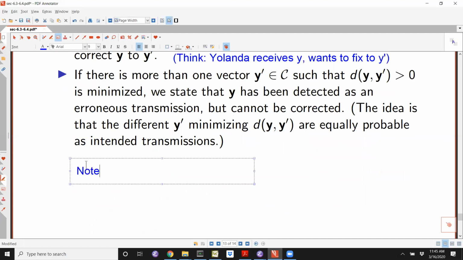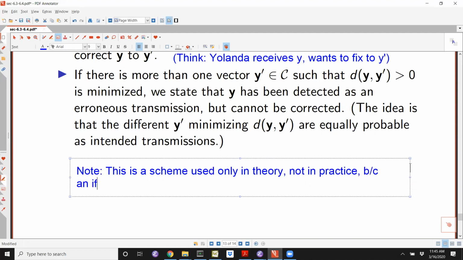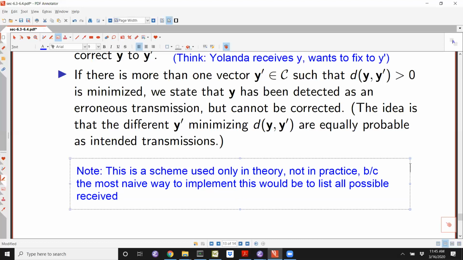Note that nearest neighbor error correction is a scheme used only in theory, not in practice, because the most naive way to implement this would be to list all possible received words, 2 to the n of them, and list the nearest neighbor of each.